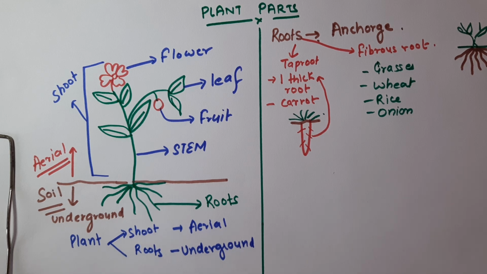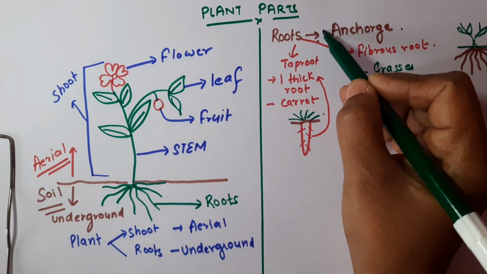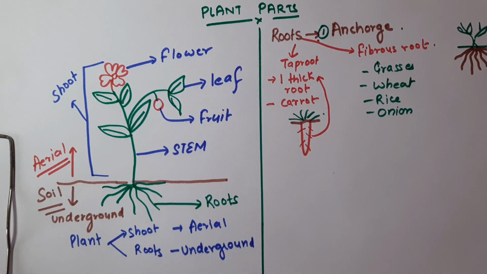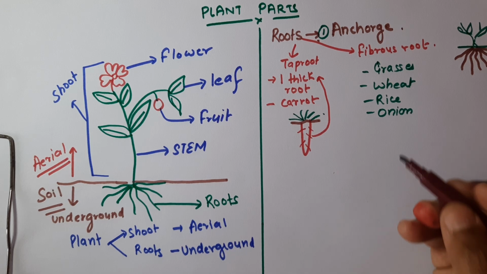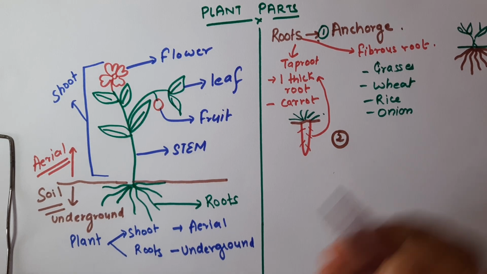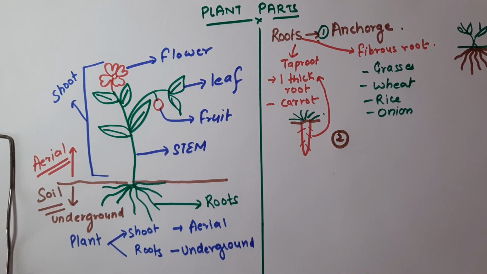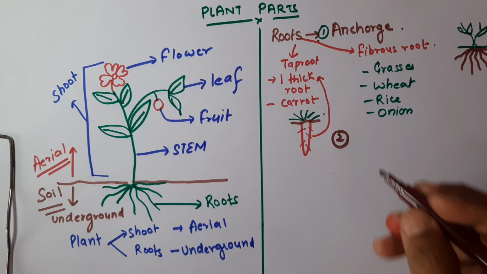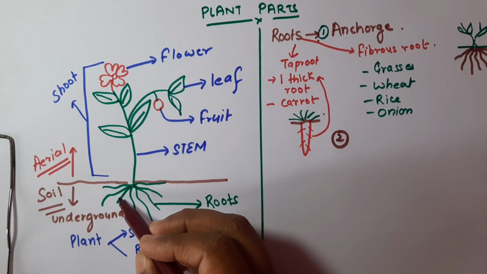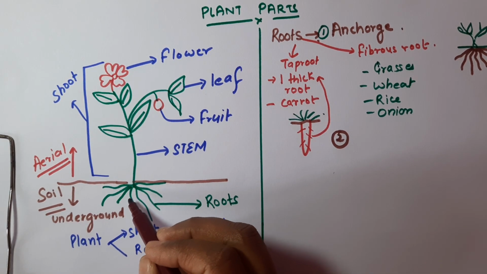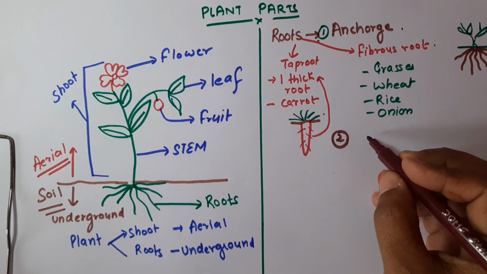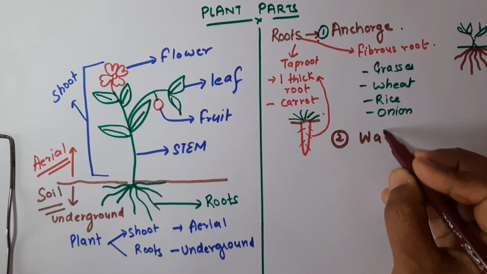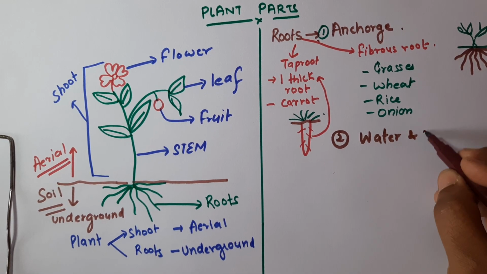Now let's quickly talk about the functions. The first function, which I already told you, is anchorage. It will fix the plant firmly in the soil. Second, since roots are present underground, where the soil has moisture content, the roots help in water and mineral transport, water and nutrient transport.